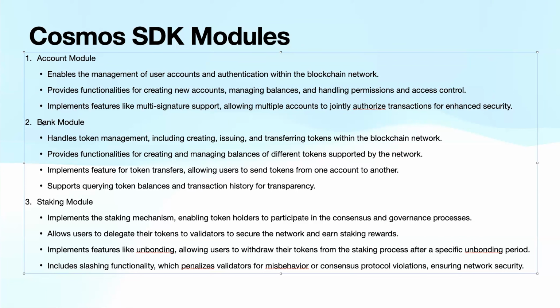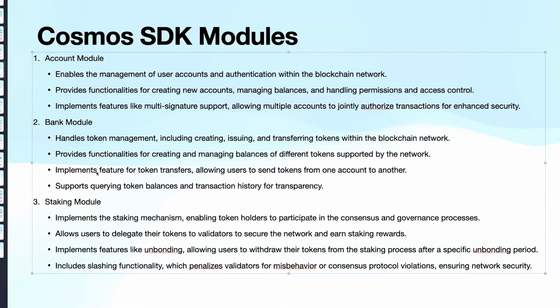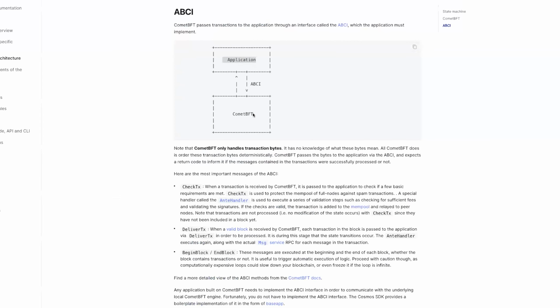What happens is the bank module is very responsible for this particular transaction. First of all, I initiate a transaction from me to person B through any wallet. When I initiate it, the transaction is first added to Comet BFT.